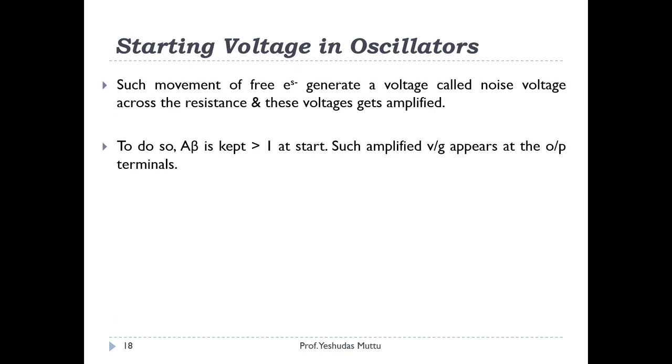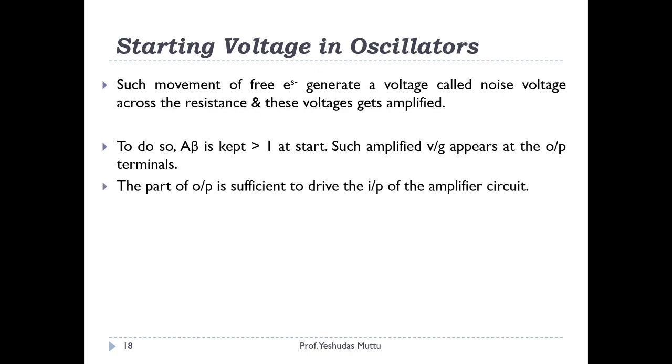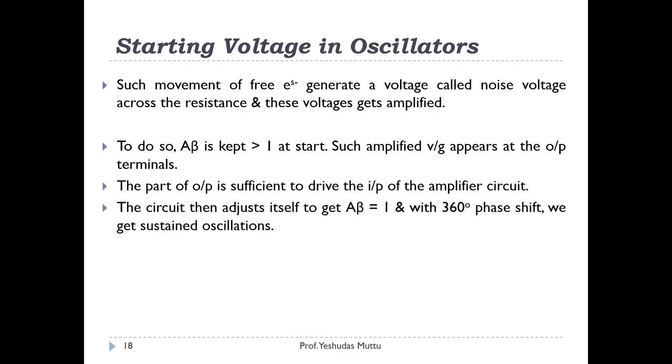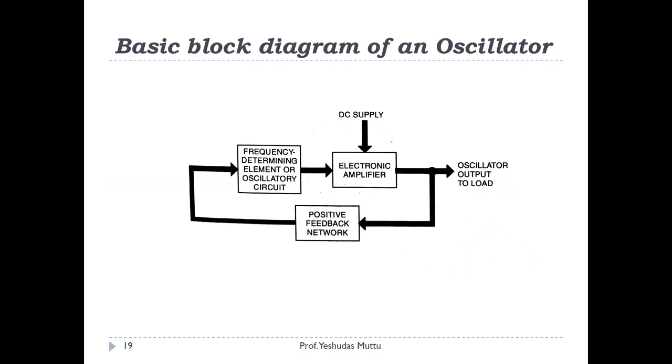Because of this noise voltage, the amplifier is going to produce the output, and we try to maintain A beta greater than 1 initially so that this noise voltage gets amplified. Later on the network is going to adjust itself to maintain A beta equal to 1 along with the phase shift to get sustained oscillation.